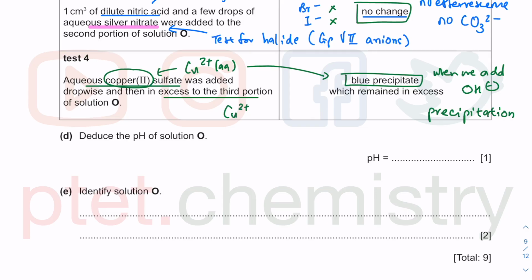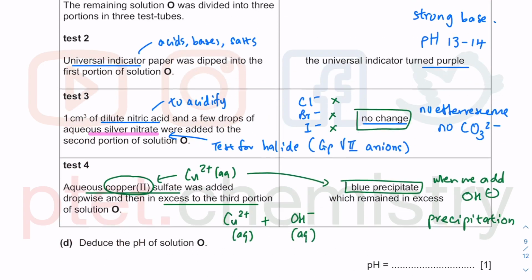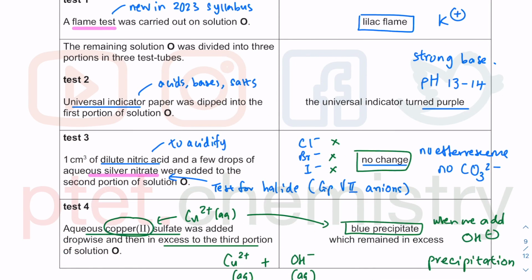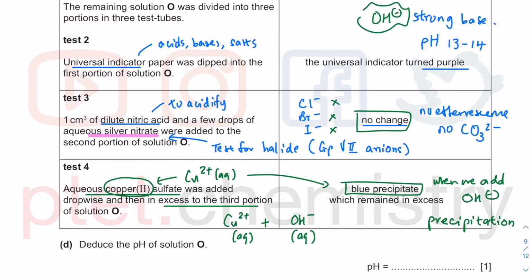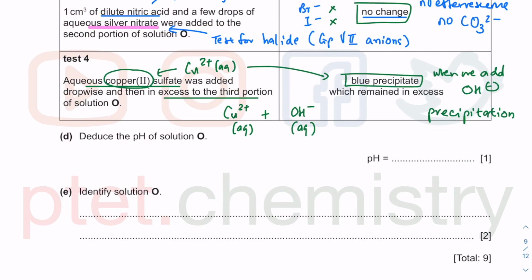The Cu2 plus aqueous from the solution in the test tube, you must have added hydroxide because it was a base or alkali that gave you the purple color with the universal indicator. Base contains OH minus, so this OH minus will react with Cu2 plus to precipitate out copper 2 hydroxide.